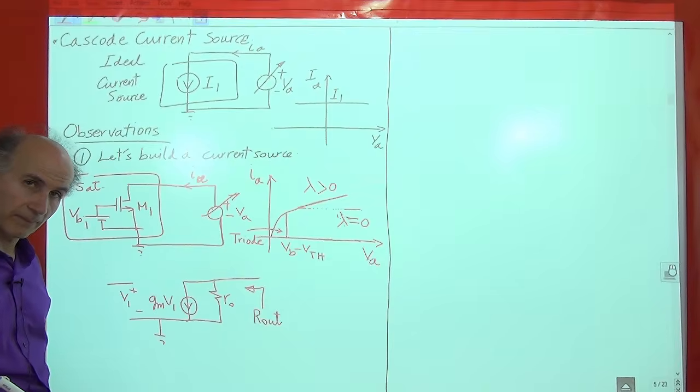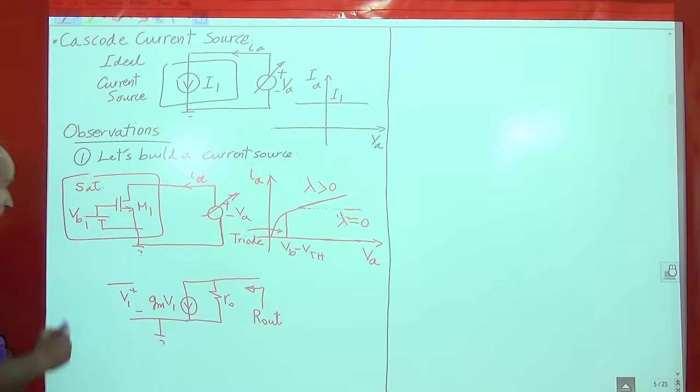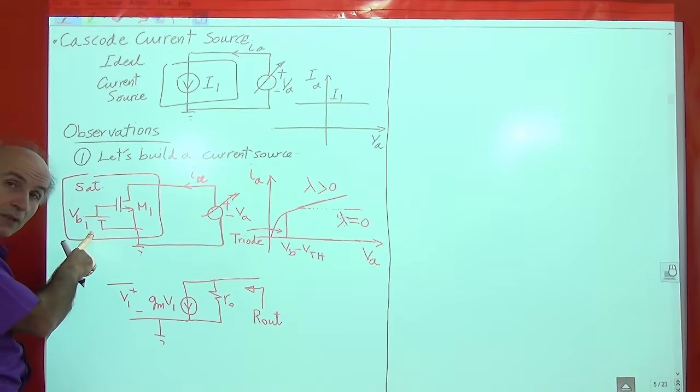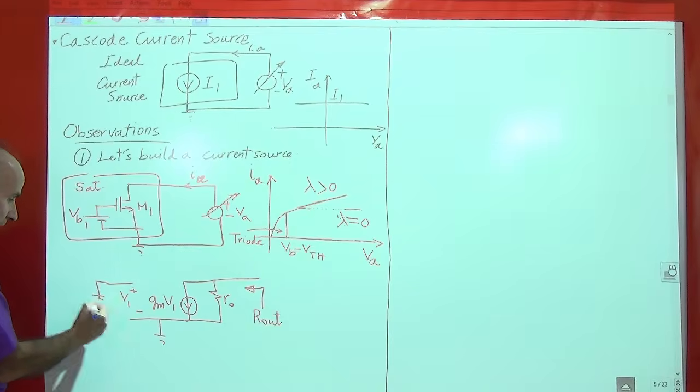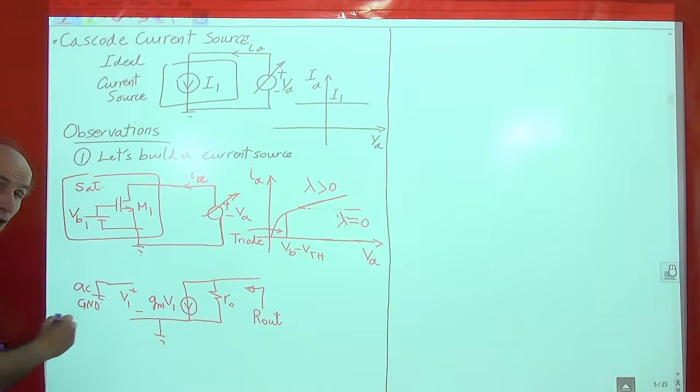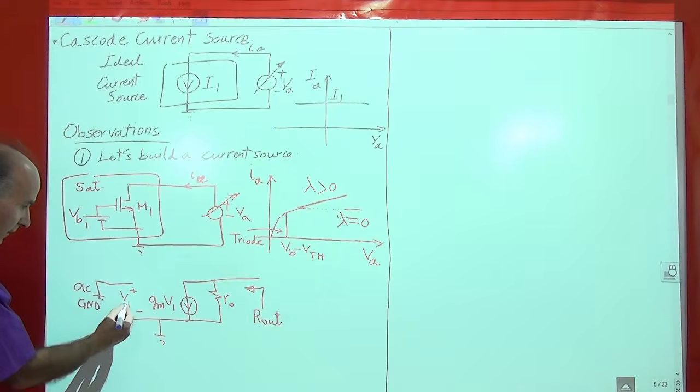the small signal output resistance of the current source. Okay, well, the gate is sitting at a constant voltage. For small signal analysis, this becomes AC ground, because it does not change with time. Okay, so that means that V1 is between ground and ground, so V1 is 0.